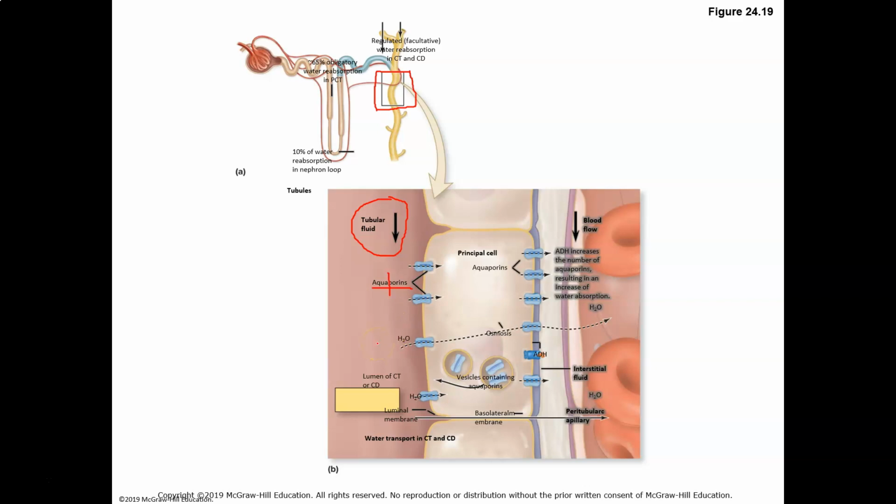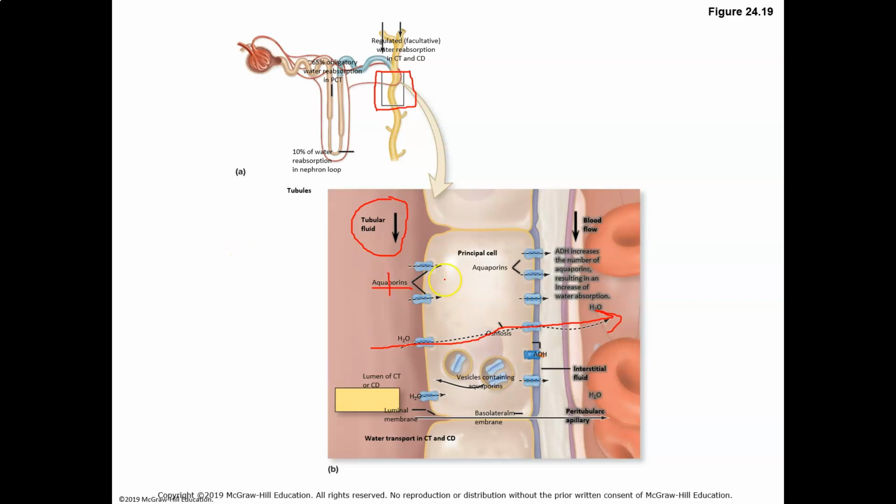What does that do? That allows water to flow down its concentration gradient, just like this dotted arrow, right into where? What is this? Oh, look, red blood cells. Hey! So you are taking water directly from the collecting tubule into the capillaries that surround it. That's what ADH does.